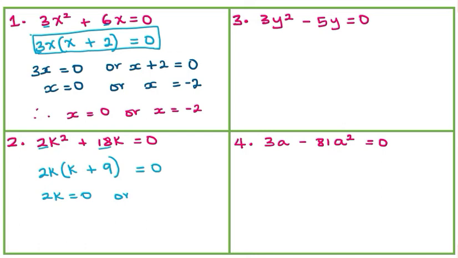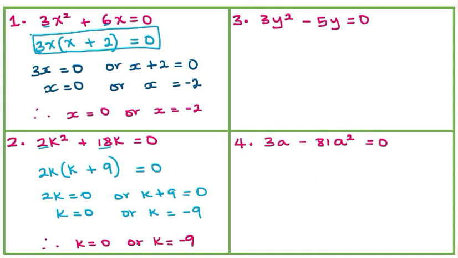So k equals 0, or k equals negative 9. Therefore k equals 0, or k equals negative 9. Let's go to part 3.